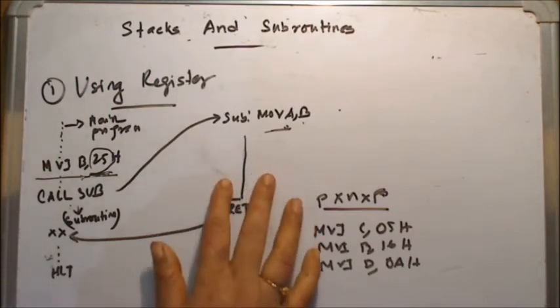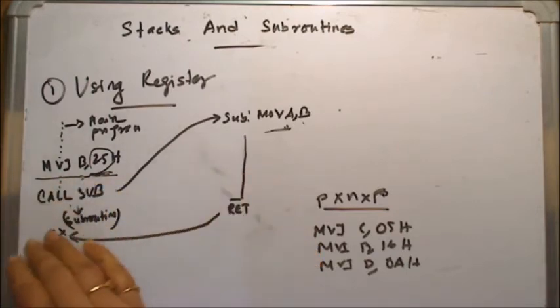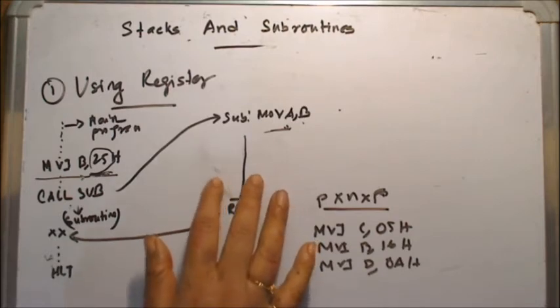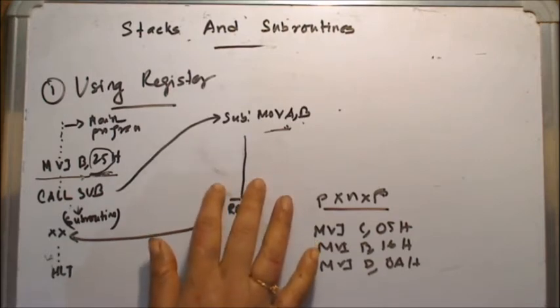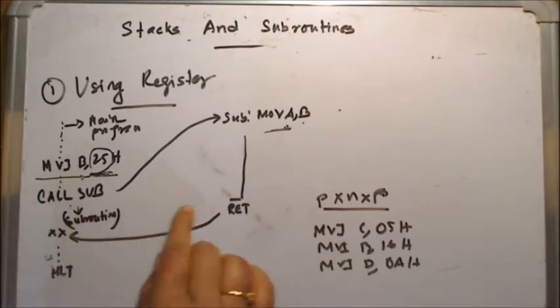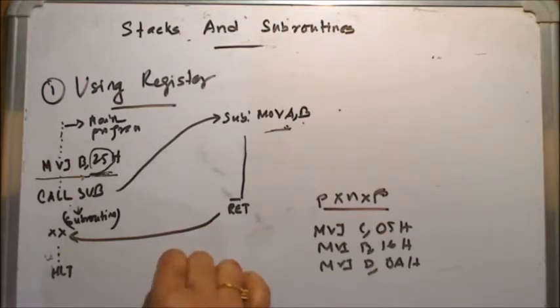Because in a subroutine also you need some registers, right? So if you block all the registers in the main program, how will you use the other registers in the subroutine program? Okay, so you have to keep this in mind. So you cannot use all the registers in this method. Okay, maximum one or two, but this is the simple method.